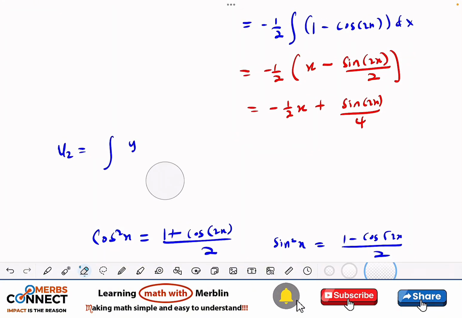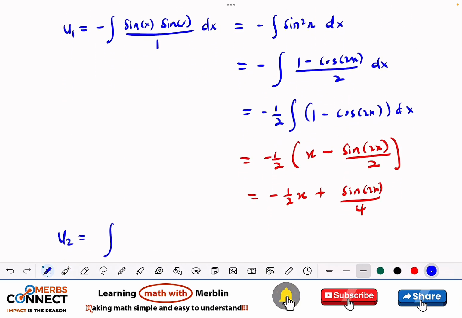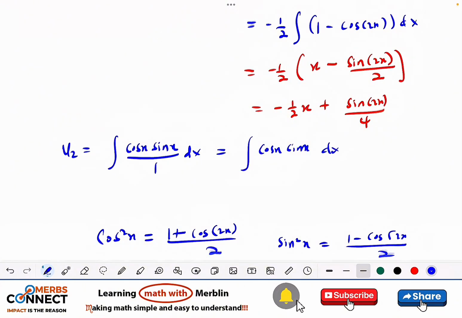So what is y1? y1 is cos x, and then g(x) is sine x. So we are going to have something like cos x times sine x divided by 1 dx, and this is sine x dx. So this is what we need to integrate.